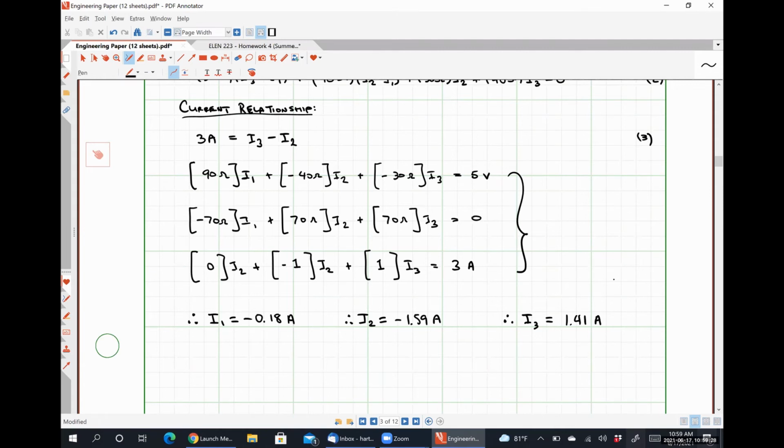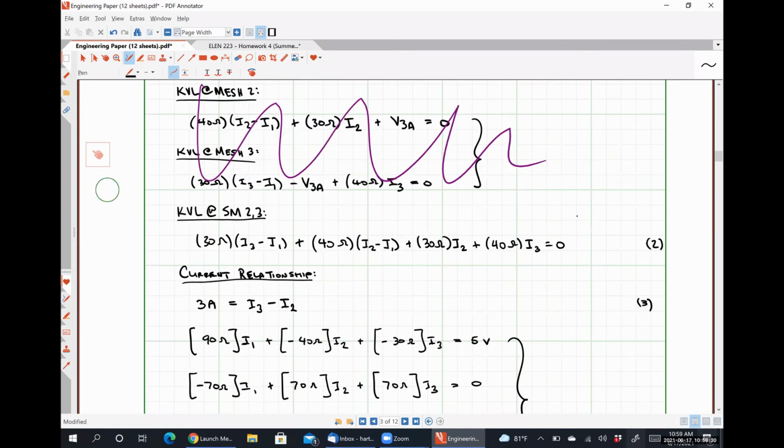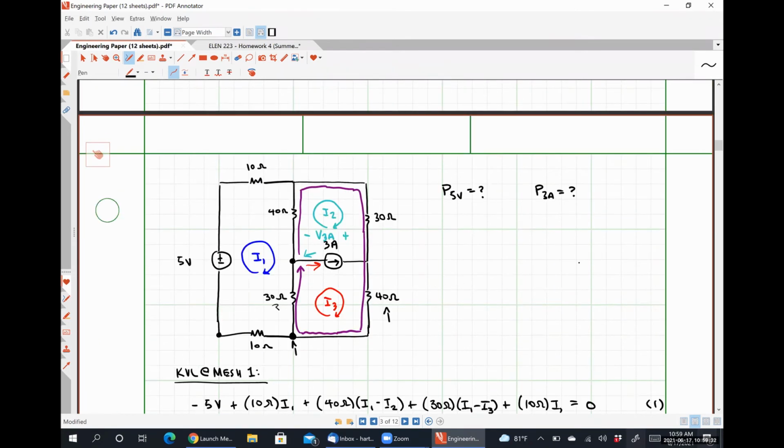So let's revisit what we were asked here, all right? The power supplied by the 5 volt source. Let's talk about that one real quick because that's an easier question to answer. The power supplied by our 5 volt source is the voltage drop across our 5 volt source, which is 5 volts, and the current flowing into the negative polarity terminal. Well, what's the current flowing into the negative polarity terminal of our 5 volt source?